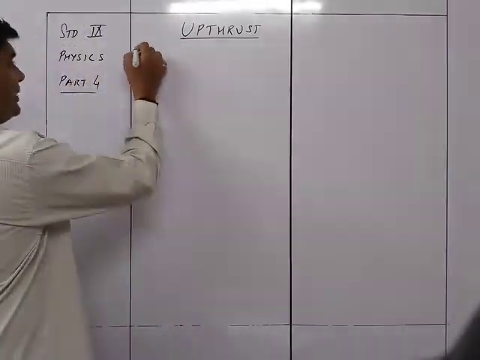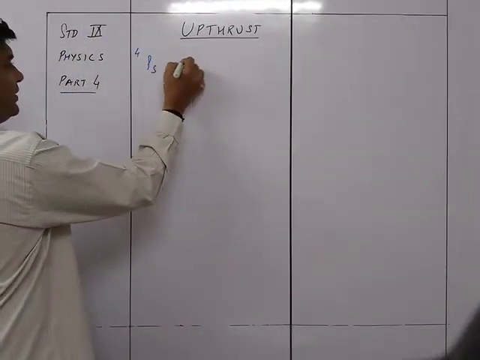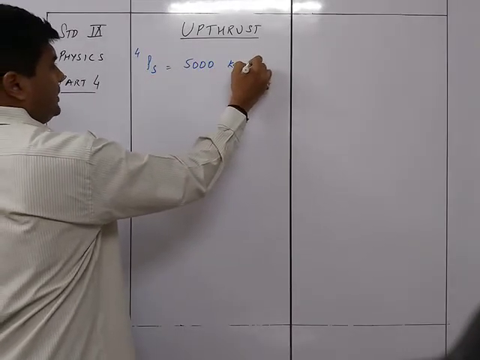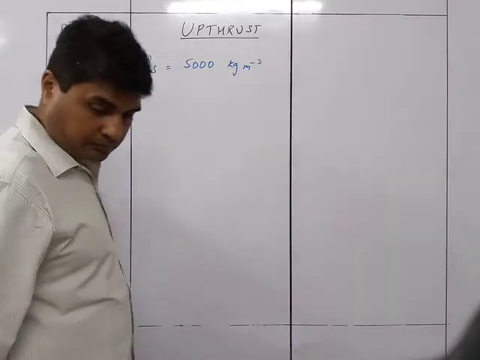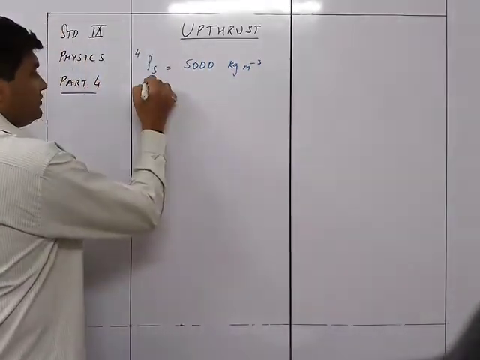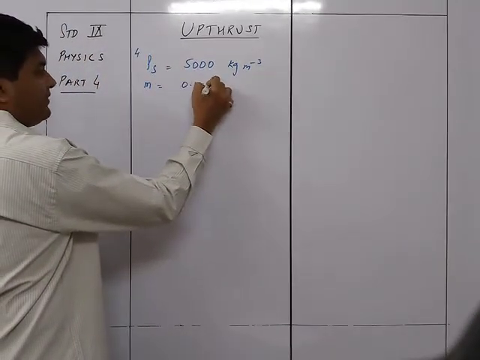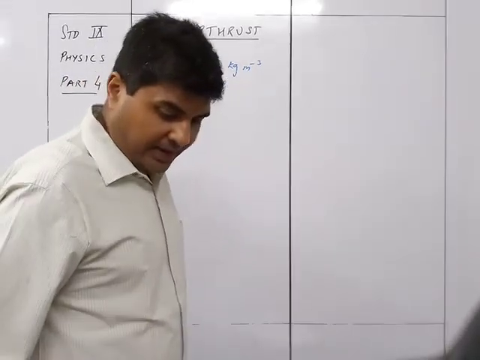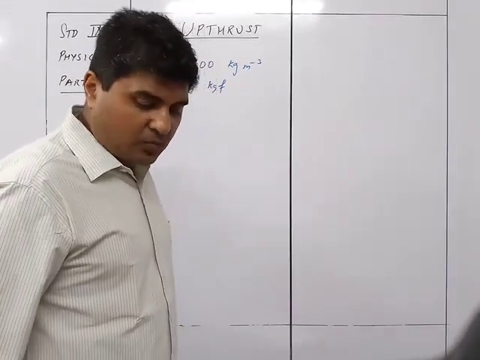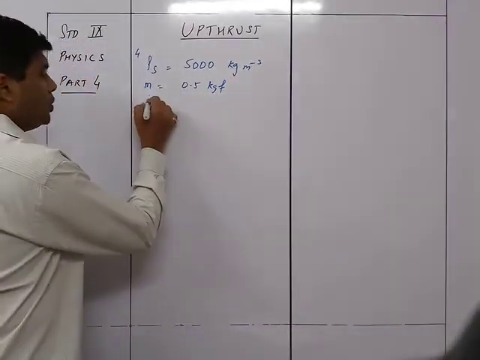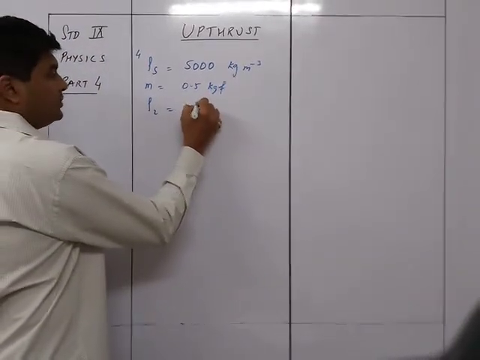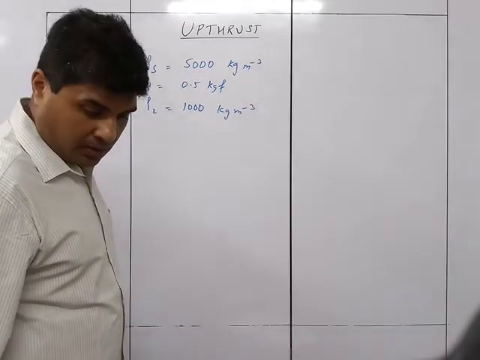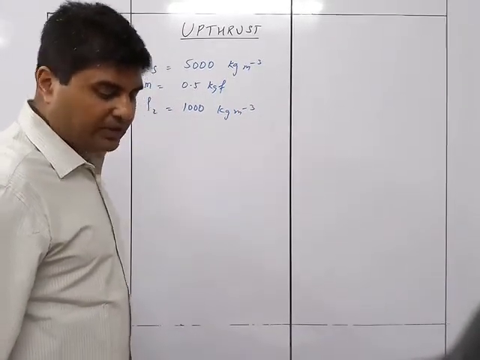So we have got over here, first of all, density rho S is 5000 kg per meter cube. Weighs 0.5, so mass is equal to 0.5 kgf in air. It is completely immersed in water of density, so rho L is equal to 1000 kg per meter cube. Calculate the apparent weight of the solid in water.